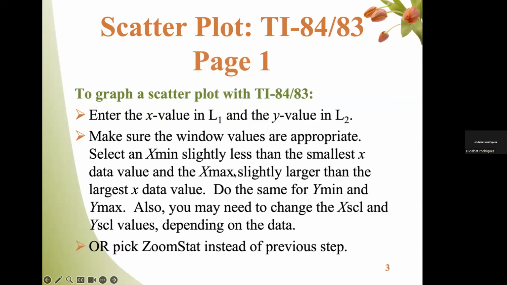Okay, let me get rid of this window. Okay, so we have to make sure we have a correct window to see our graph. One way is you have to define your X minimum, then X maximum, Y minimum, and Y maximum. For X minimum, you go a little bit below the smallest X value that you see.